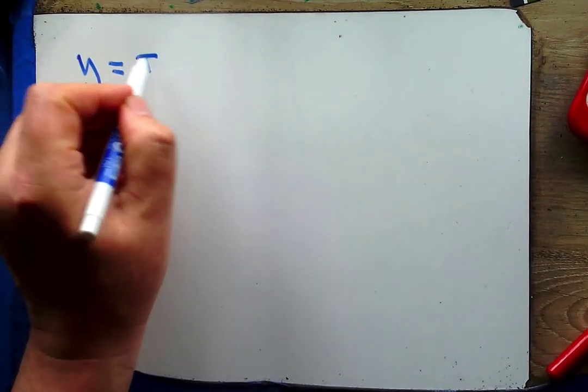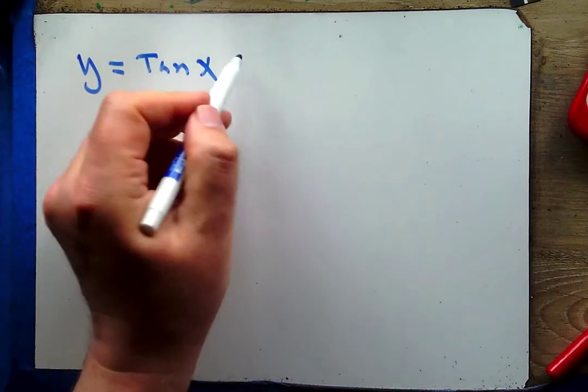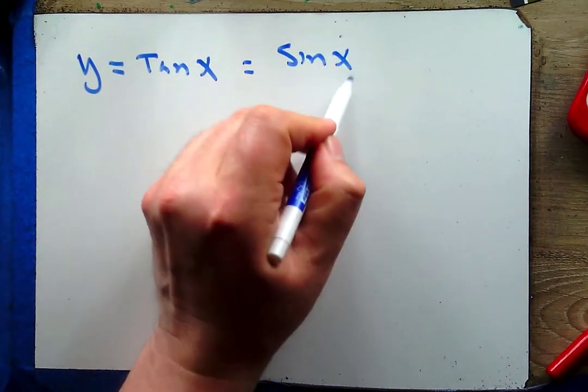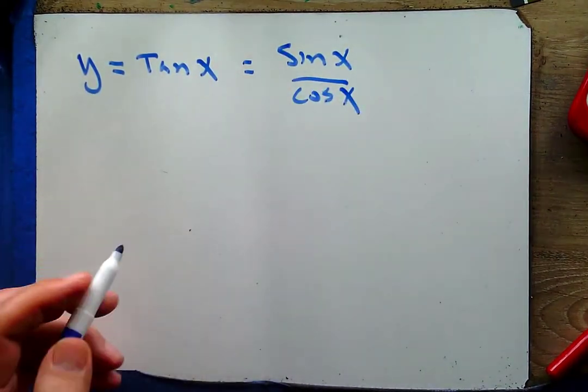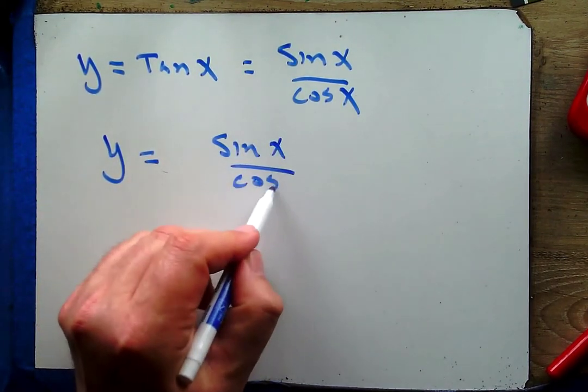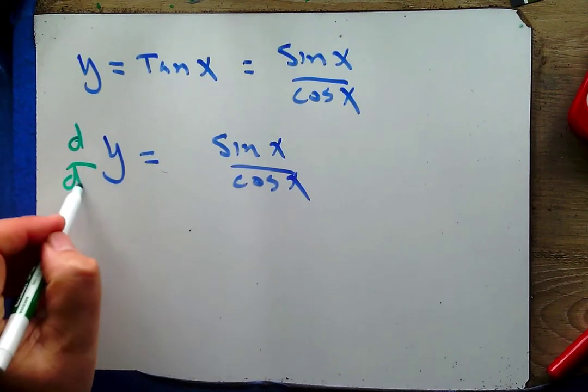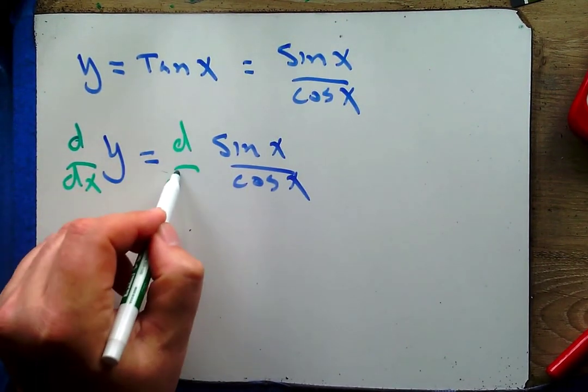So if y equals tan x, I don't know how to do that directly. But I do know that tangent is sine x over cosine x. So if I think about y as sine x over cosine x, I'd like to take the derivative of that with respect to x on both sides.